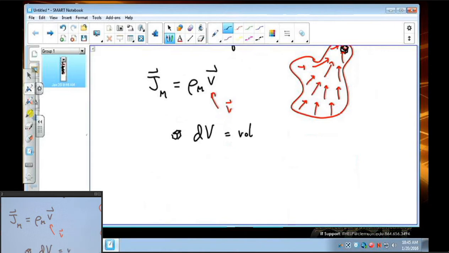It's an infinitesimal volume. It's just a little piece. What is the dimensionality of dV? Any volume, yeah. It's the length cubed. It's just a small volume, but it's a volume. Tiny little volume. And I put the d in front of it because what I mean is it's really small, arbitrarily small.